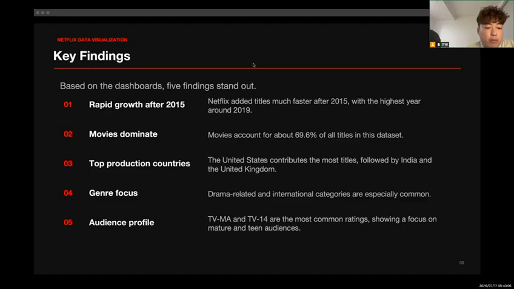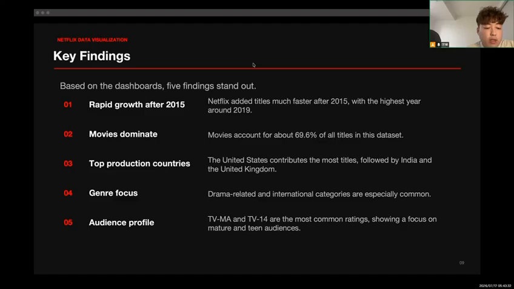The second story point explains the global distribution of the Netflix content and the countries that contribute the most titles. The third story point summarizes the Netflix content characteristics, including ratings, genres, and directors.